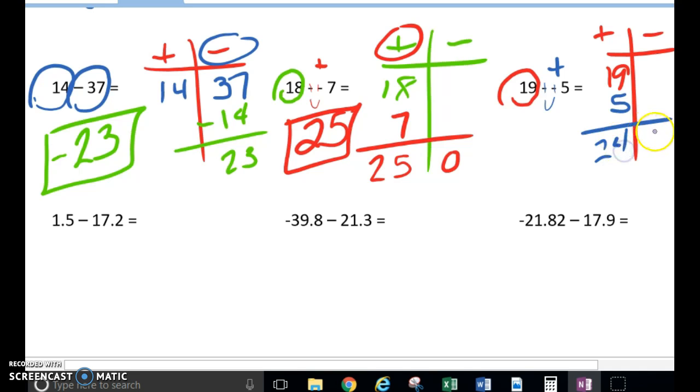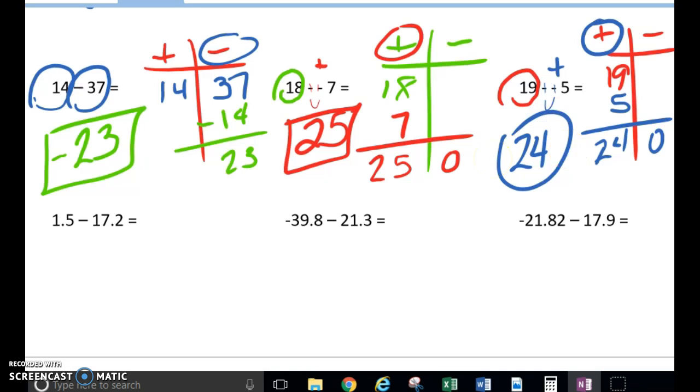I have 24 on this side and I have 0 on this side. So then my next question is which team won? Well, the positive team won by 24 points. So that's my answer.